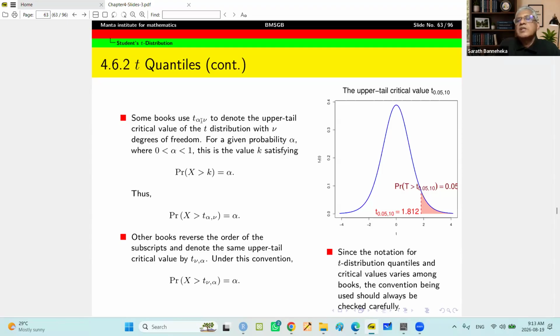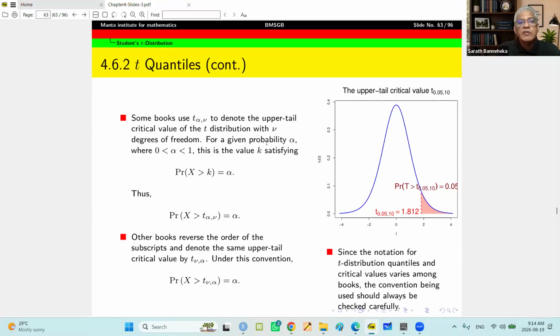So in that case, generally it is denoted as alpha. But here, this T alpha nu denotes the upper tail critical value of the T distribution with nu degrees of freedom. So generally, when you write T alpha nu, it may mean the upper tail critical value with upper probability alpha and T distribution with degrees of freedom nu.